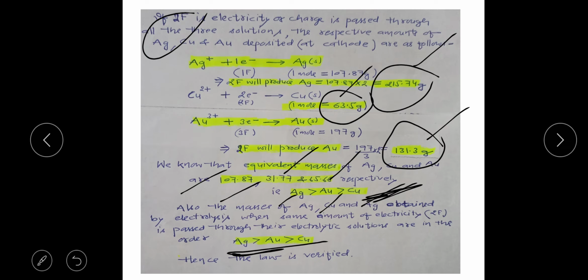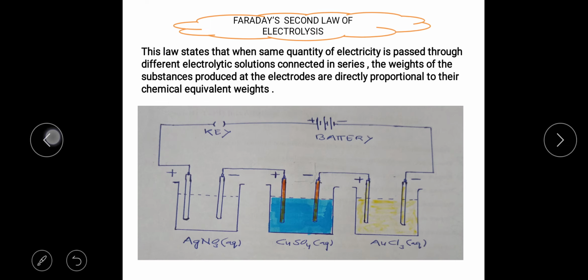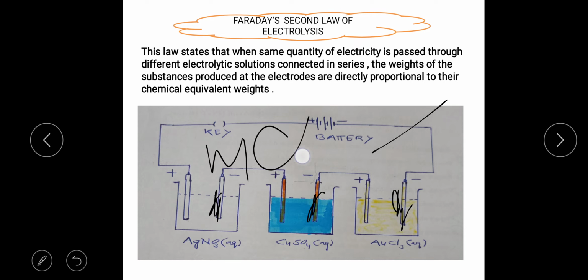Now we can see that both the orders are the same, and hence the law which we are discussing is verified. It means that masses of substances deposited are proportional to their equivalent masses. The higher the equivalent mass, the more will be the mass of the substance produced.